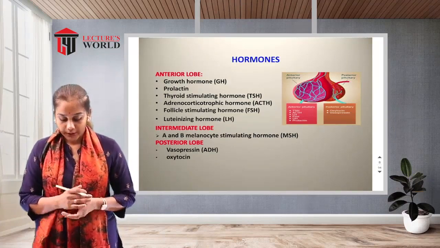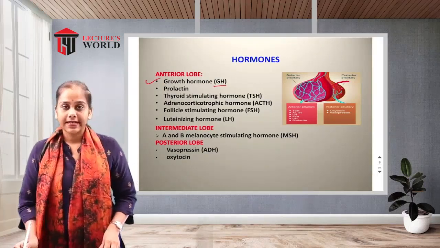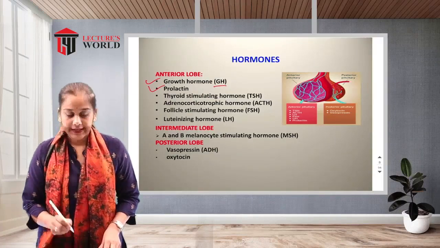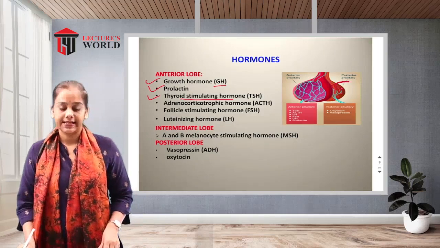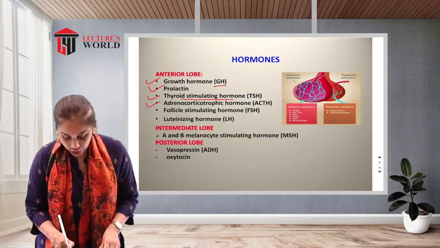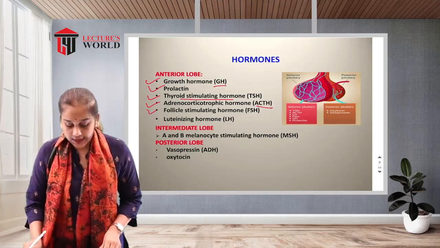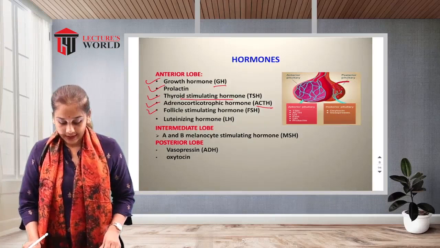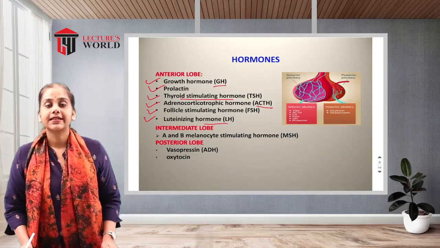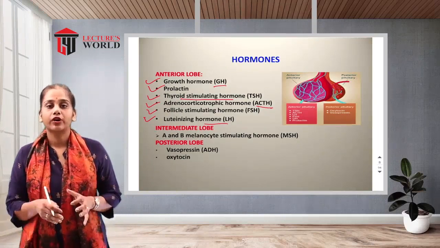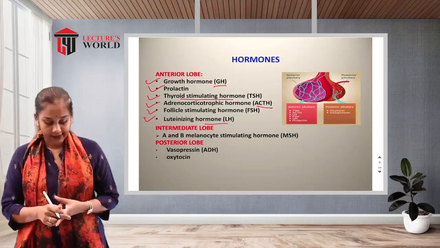The hormones of the anterior pituitary are growth hormone, called GH, then prolactin, then thyroid stimulating hormone, also known as TSH, then adrenocorticotropic hormone, known as ACTH, then follicle stimulating hormone, known as FSH, then luteinizing hormone, represented as LH. These are the most important hormones of the anterior pituitary gland.